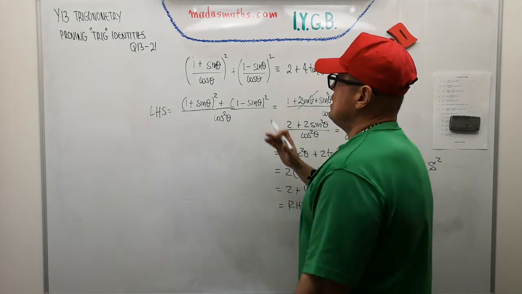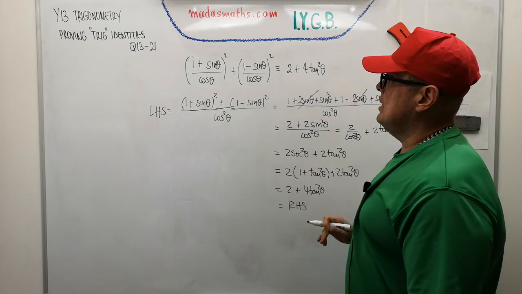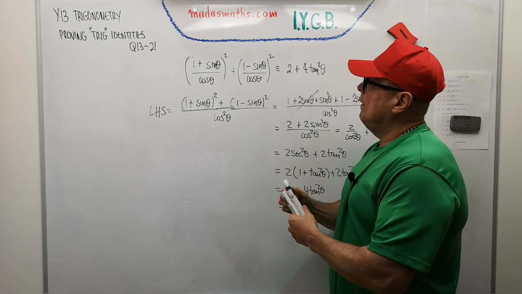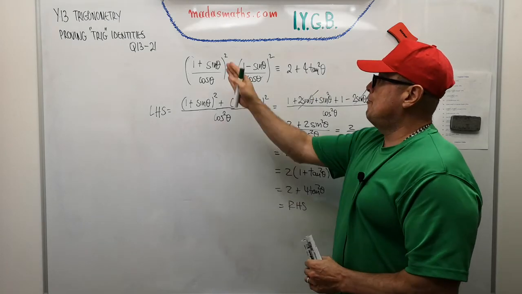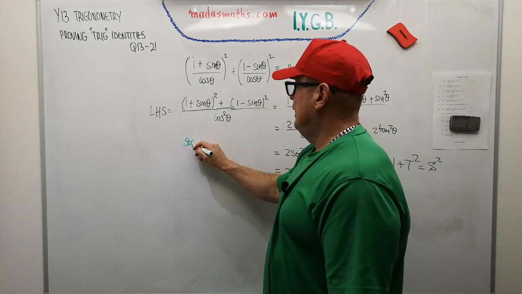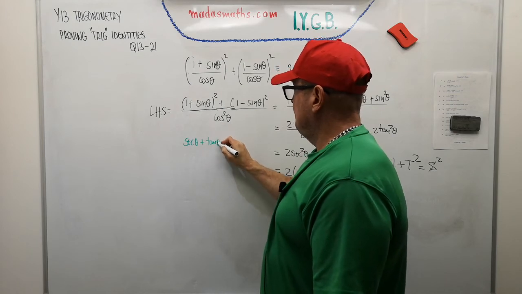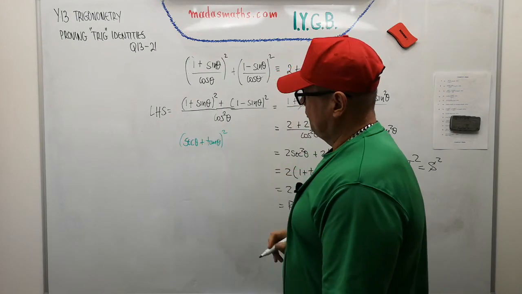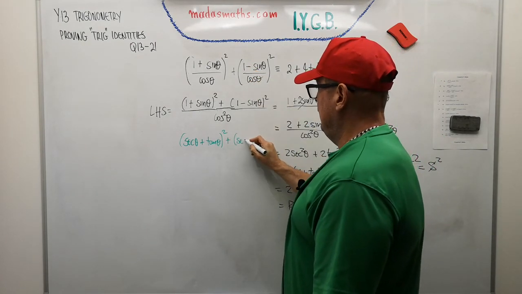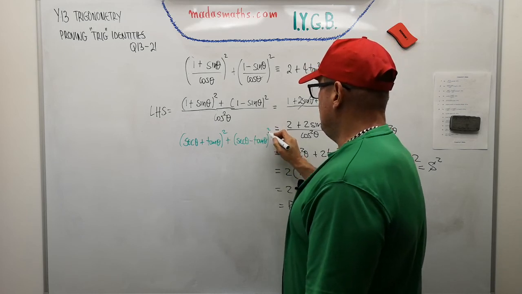I didn't mention that for this particular question there is another approach which is a little bit sensible. It's not that bad. If you split the fractions within the brackets, you're going to get a sec of theta, that's the 1 over cos, plus the tan of theta all squared. And you're going to get a similar expression, 1 over cos, again a sec, but this time minus a tan of theta, all squared.